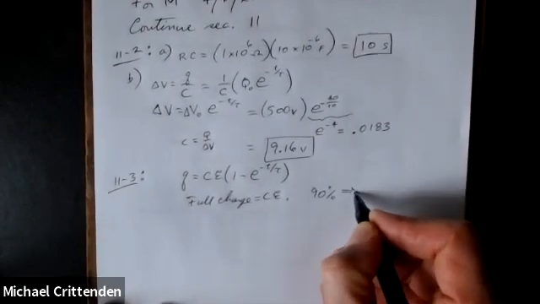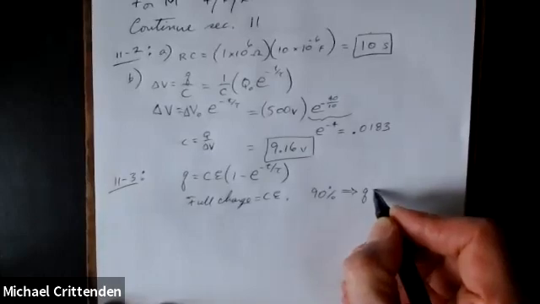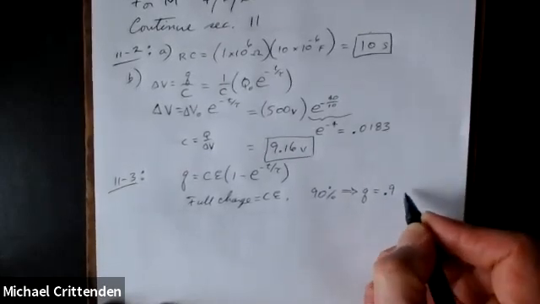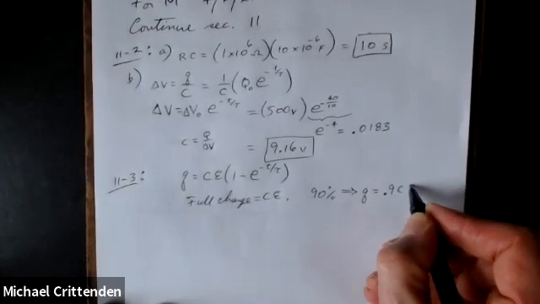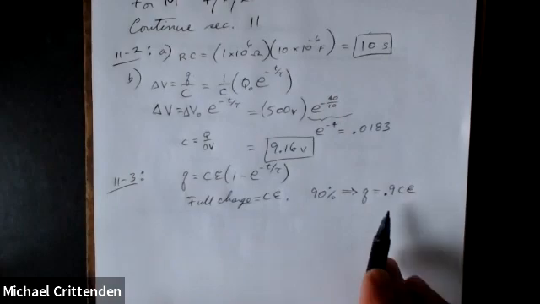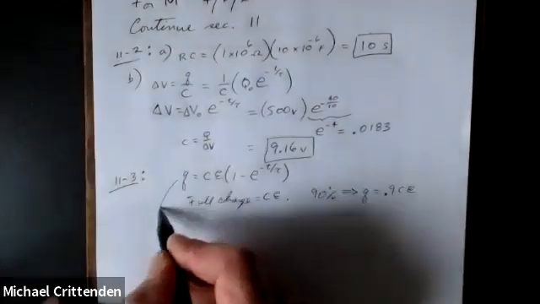So 90% implies that at the time we're interested in, Q equals 0.9 times C times E. So fill that in, and the rest is math.